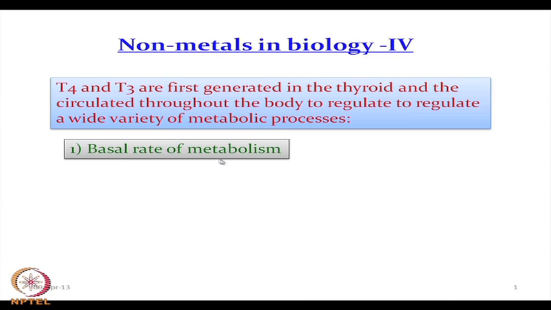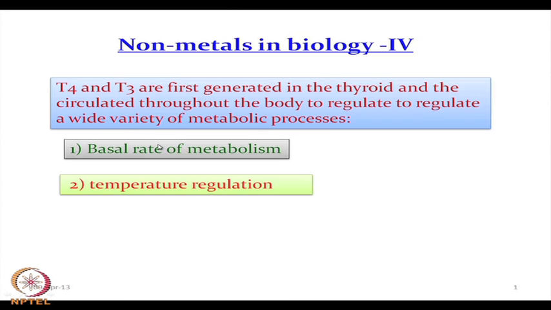How the rate of metabolism is getting affected is due to the corresponding concentration and interaction of these T4 and T3 molecules in the metabolic pathways. It is also important for regulating our body temperature, because of these temperature dependent reactions. We know from the thermodynamic and kinetic point of view that the rate of the reaction is enhanced when the reaction temperature is increasing.